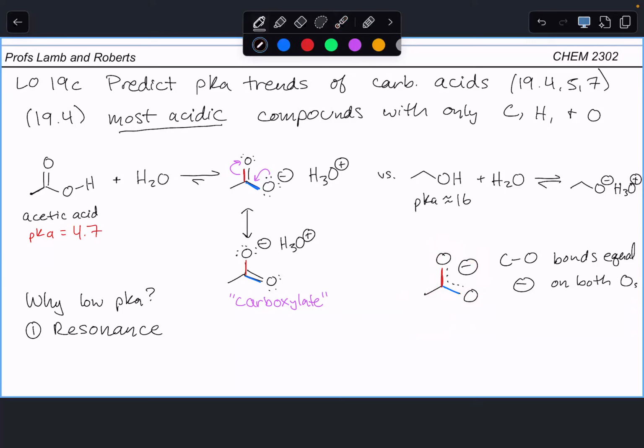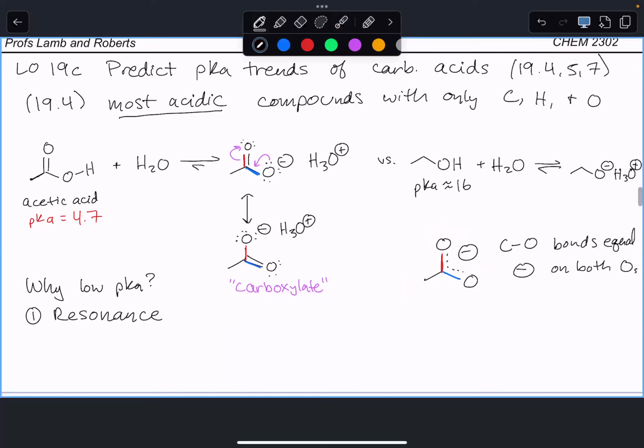The other reason besides resonance that we have a low pKa is induction. So remember, induction means that we're pulling electron density towards something through bonds. In this case, that carbonyl oxygen is an electronegative atom.